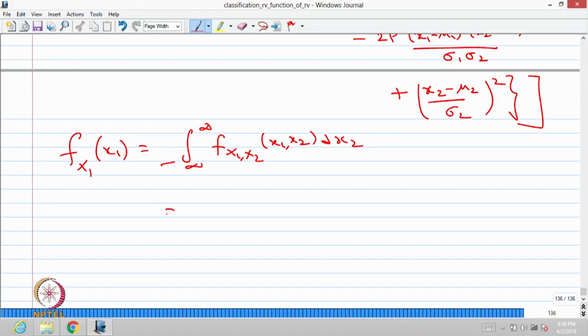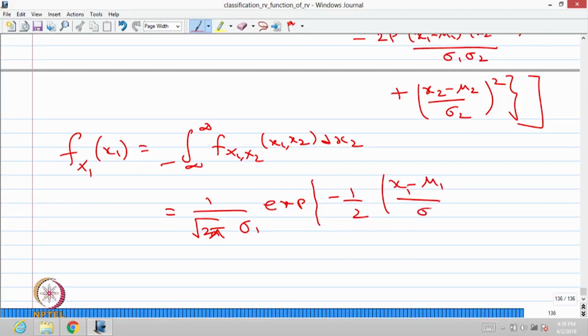If you simplify, you will get the answer, that is 1 divided by square root of 2 pi sigma 1, exponential of minus 1 by 2 times x1 minus mu 1 divided by sigma 1 the whole square. So, this is the marginal distribution of the random variable x1.